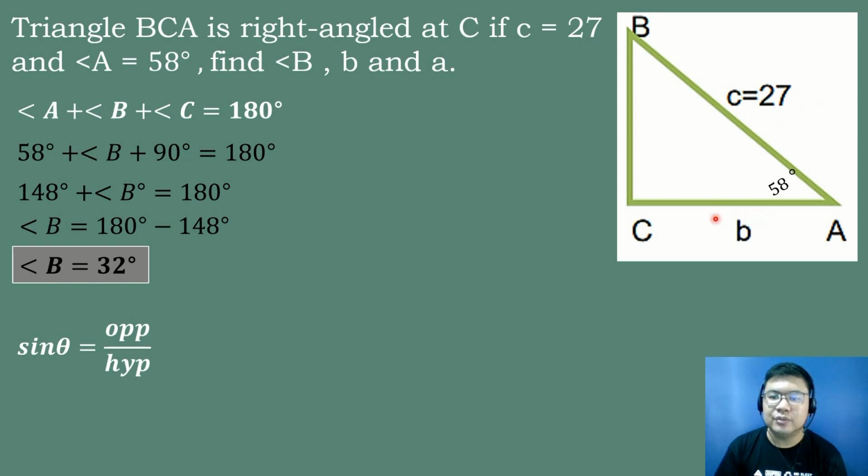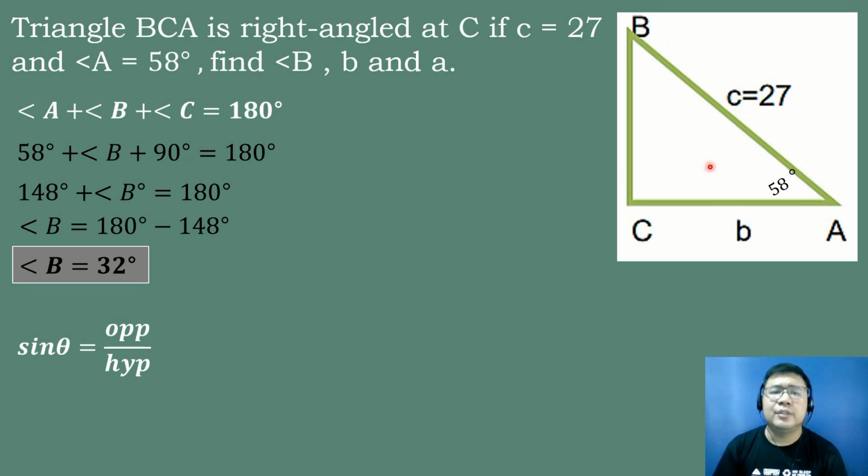So we cannot use segment CA because this has no given. So to compute for the measure of segment BC, we need at least two given. The first given is the measure of the given angle, and the second given must be a side of a triangle. So we will be using the hypotenuse.